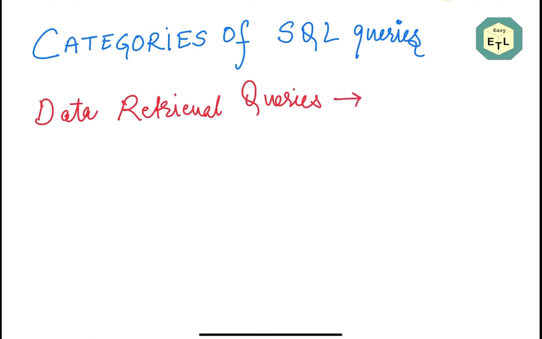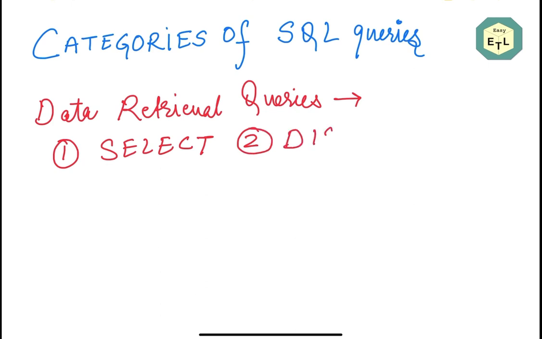Now, in this category of SQL queries, we can have query operations which are select operation, right? So this is the most common query for retrieving data from one or more tables. Now, the second operation we can have in this category is distinct.